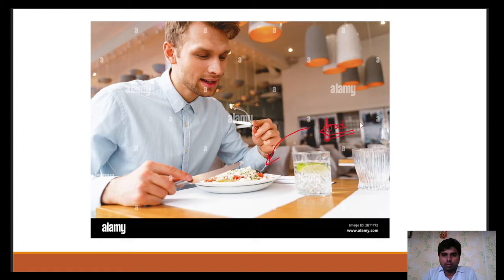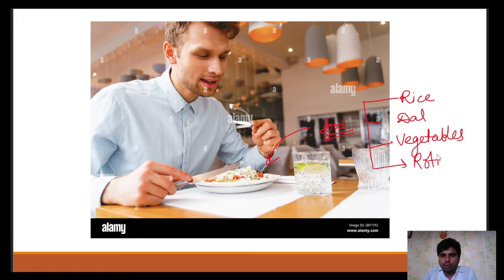So in the complete daytime, what are the different foods we eat? We eat rice, we eat dal, we eat vegetables, we eat roti. The different types of food that we eat give us energy.